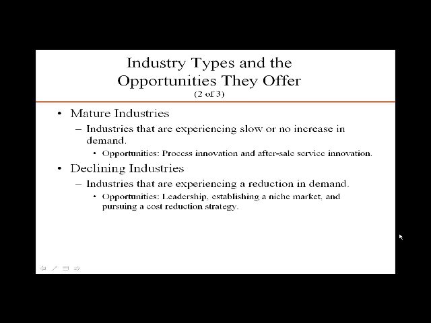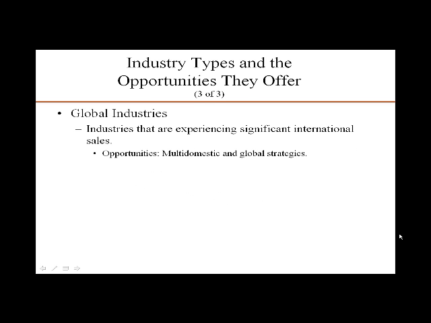You're seeing niche markets for LP records, turntables for LP records, to convert them via USB to digitize them. So there are these niche markets to go after. So just because it's an old industry doesn't mean it's necessarily out of business. And the fifth is global industries.